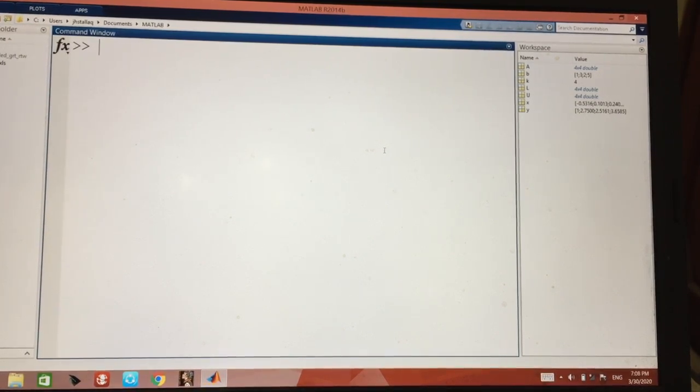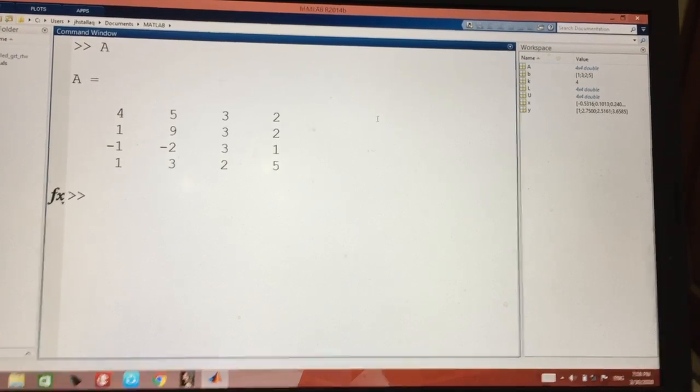Okay? In MATLAB, I defined actually matrix A. Let's see what is A. A is this matrix, okay?